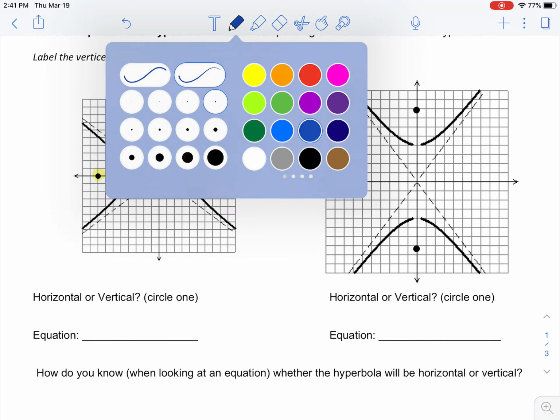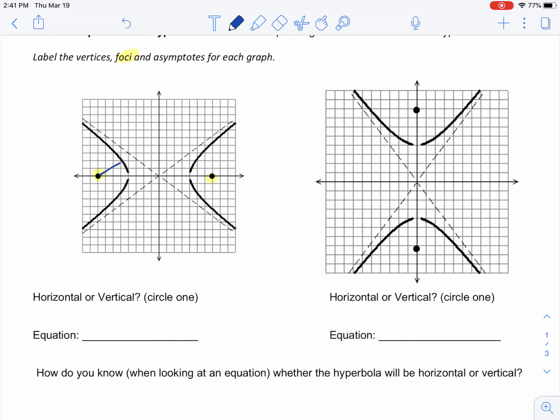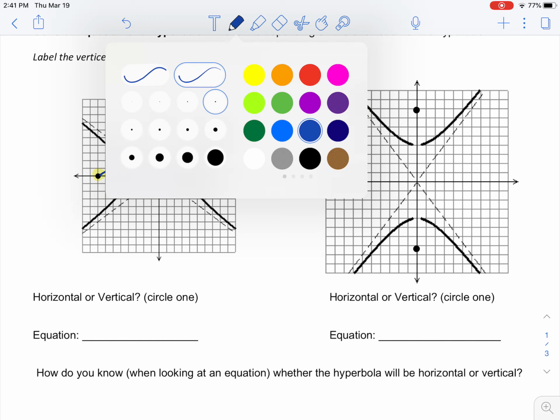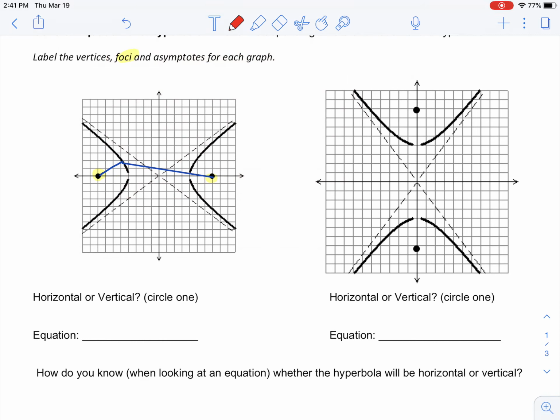And that definition really meant that if I take this length and that length, and I subtract the big one minus the small one, I would get the same value no matter what place I chose on my hyperbola. So if I chose some point over here and I find the big length minus the small length, I end up getting the same value for each and every one of those. That's what that definition is really talking about.